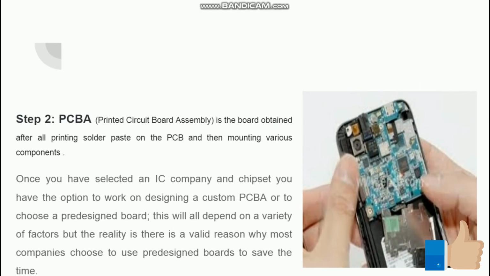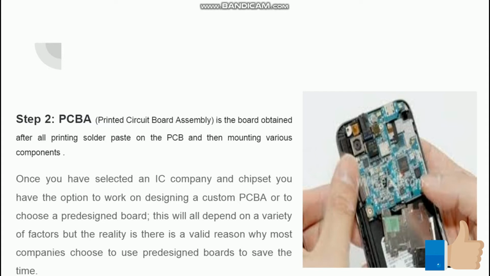The next step is the preparation of the printed circuit board assembly, also called PCBA for short. It is the board obtained after printing the solder paste on the PCB, and then various components are put on it, including the integrated circuit. After the first step, when the companies have selected an integrated circuit company and a chipset, they have two options to work out the whole PCBA process.